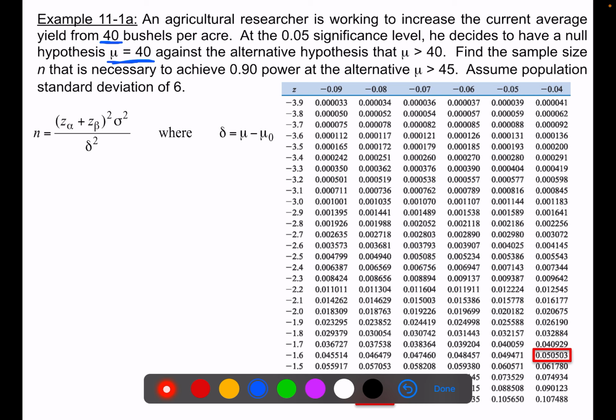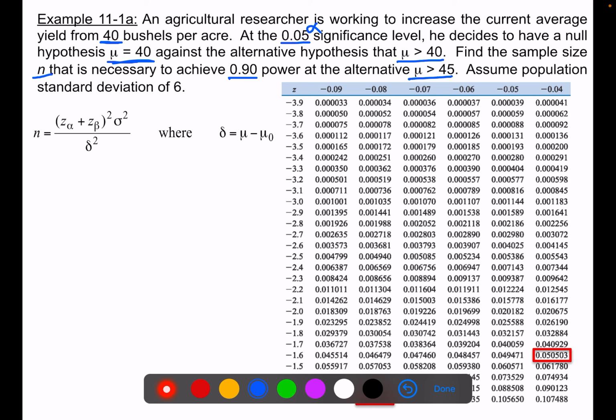At 0.05 significance level, so this is alpha, he decides to have a null hypothesis of mu equal to 40 against an alternative hypothesis that mu is more than 40. Find the sample size n that is necessary to achieve 90% power at an alternative hypothesis of mu is more than 45, right?